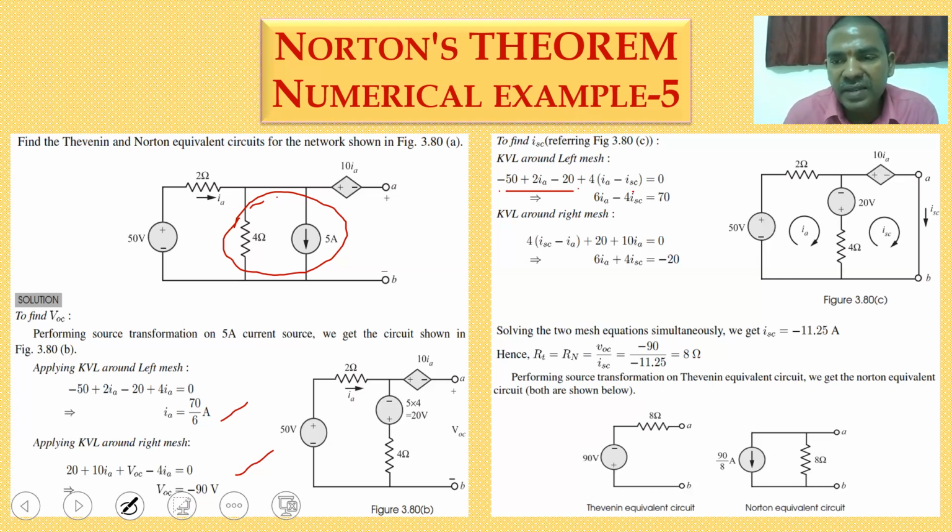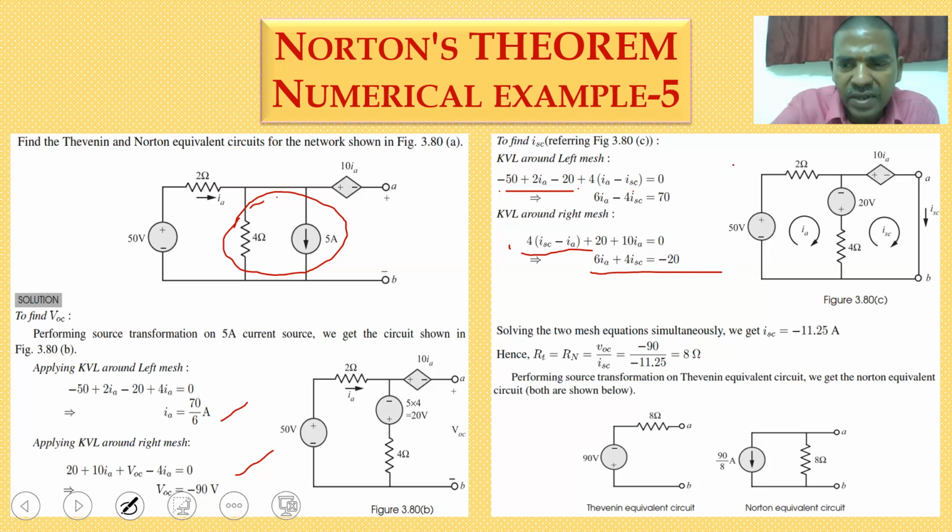So finally you can get 6 IA minus 4 ISC is equal to 70. Then the right hand side loop: 4 times (ISC minus IA) plus 20 plus 10 times IA is equal to 0. So finally you can get 4 ISC plus 6 IA is equal to minus 20.